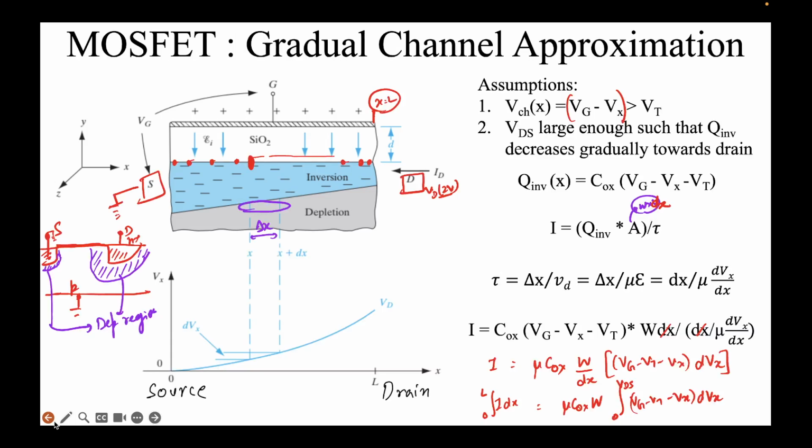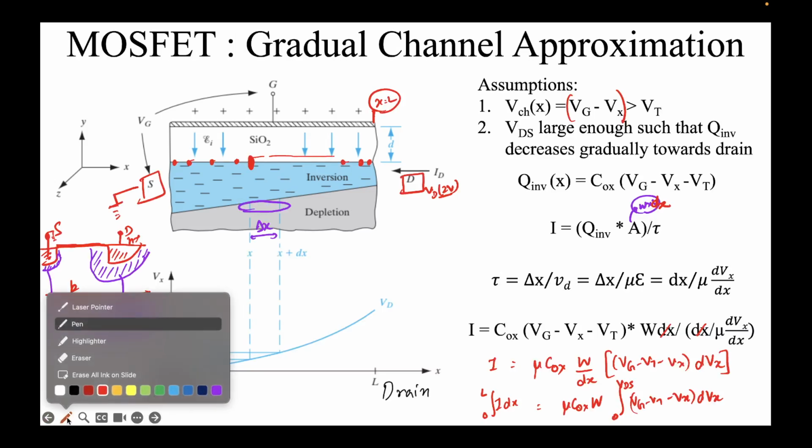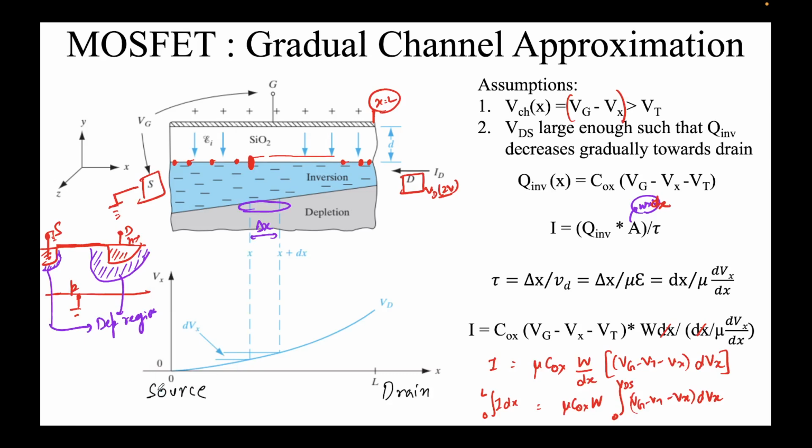I times L equal to mu C ox W. Vg minus Vt is a constant with respect to dVx, right? So this will come Vg minus Vt times Vds, first term, and the second term is Vx dVx. So this is like x dx.